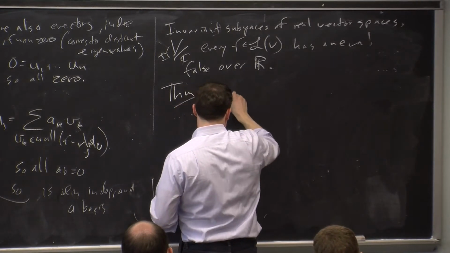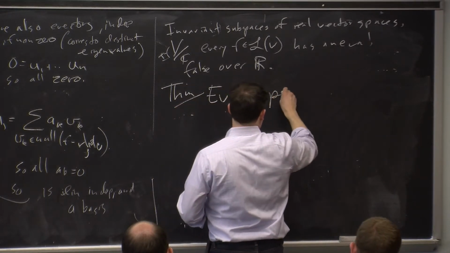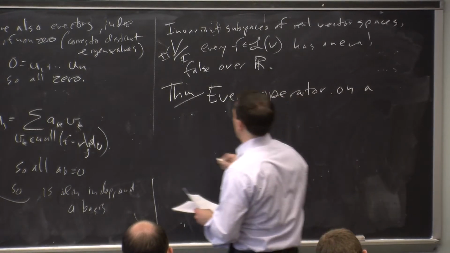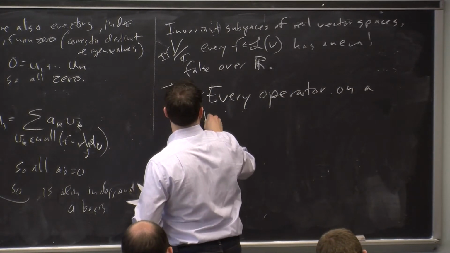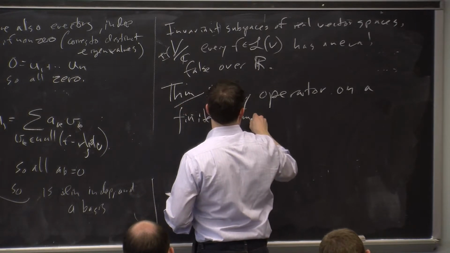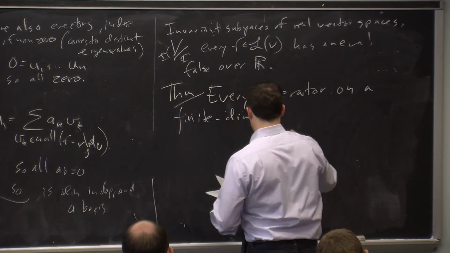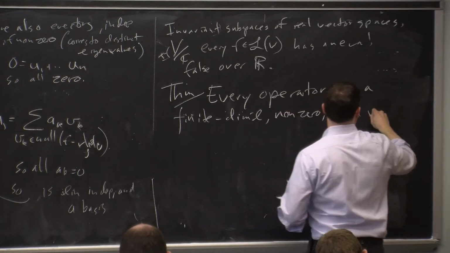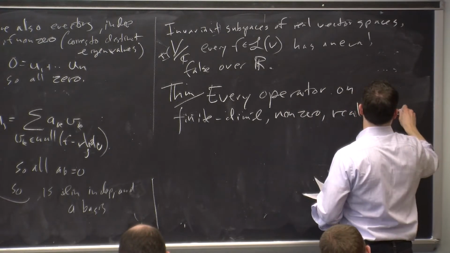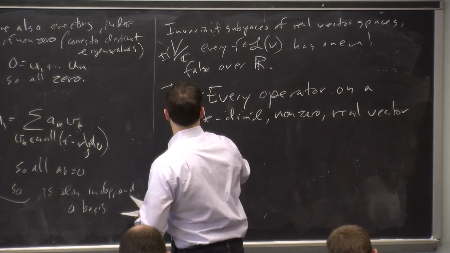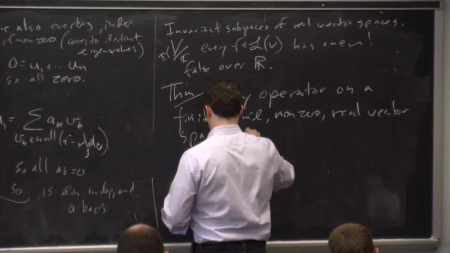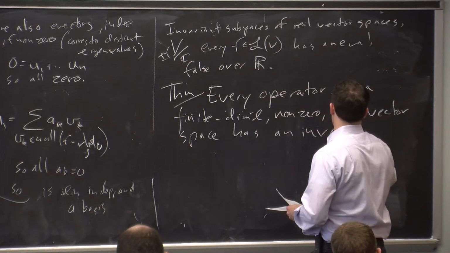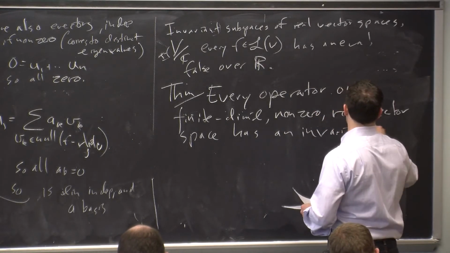So every operator on a finite dimensional non-zero real vector space has an invariant subspace, which is F invariant.